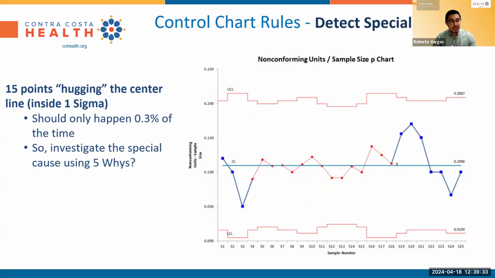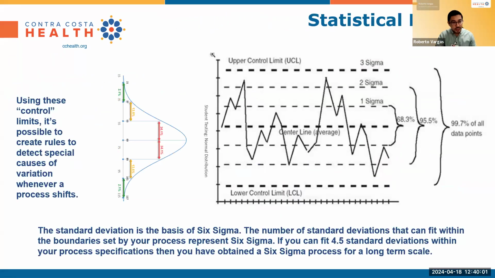There's another rule called hugging. It's that same thought process of the frequency of data crossing the median line, but in this case it's really talking not about frequency but about amplitude. Are the points within a certain sigma of your central line? If you remember that graph, here's your central line, 1 sigma, 2 sigma, 3 sigma, and then a total of 6 sigma.